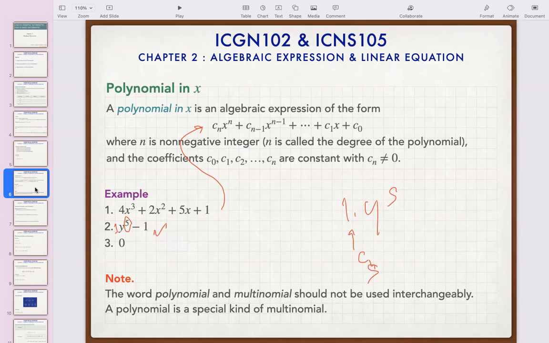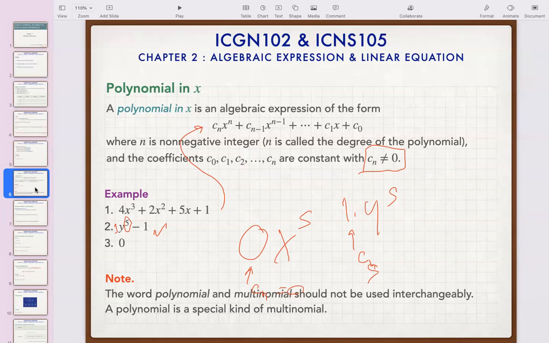You can see that here, if we say 0, it is 0x to the 5 like this. You can see that c_n is 0. But the definition says that c_n must not be equal to 0, right? So in this case, c_n equals 0. 0 times anything becomes 0.